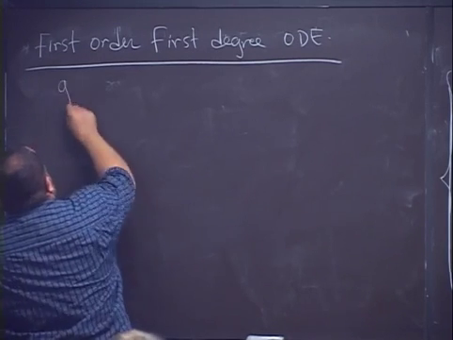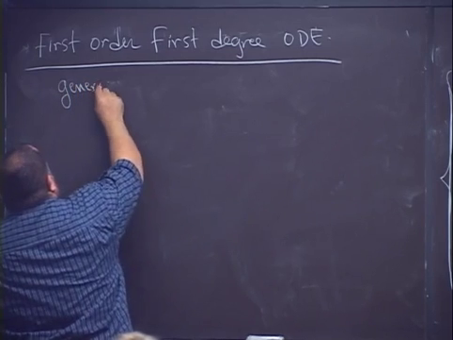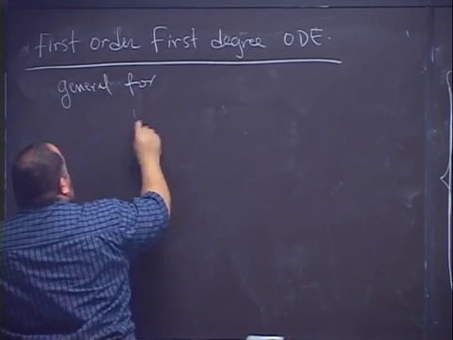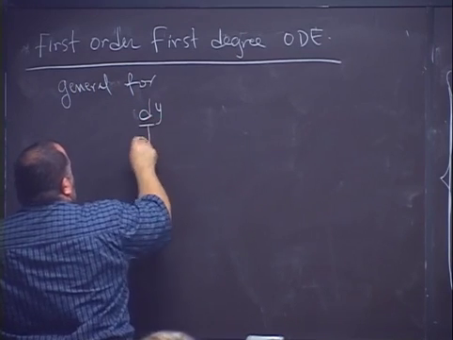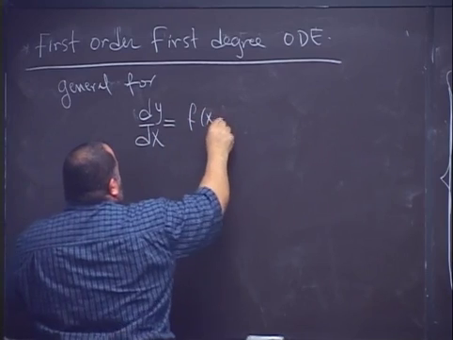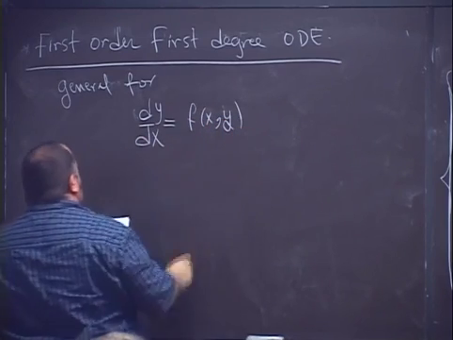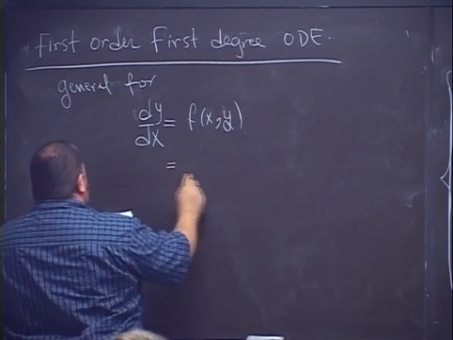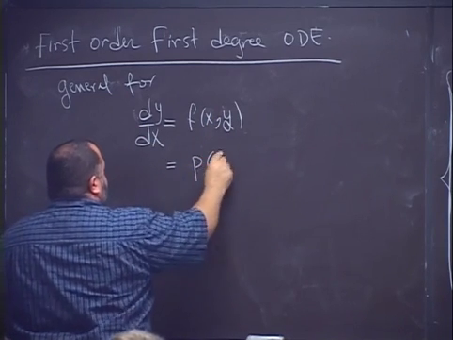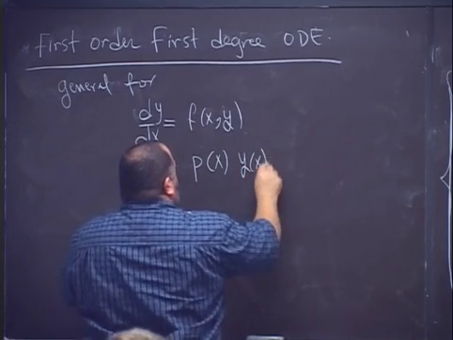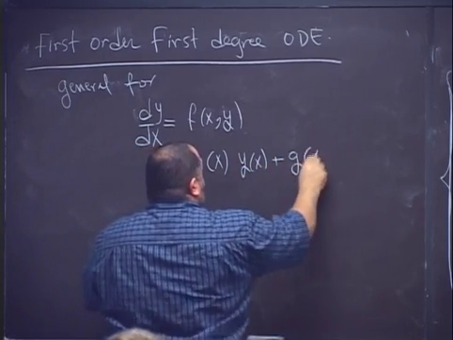So the general form for a first order linear equation would be dy/dx = f(x, y). And if it is a linear equation, this means that this is p(x) y(x) plus g(x).